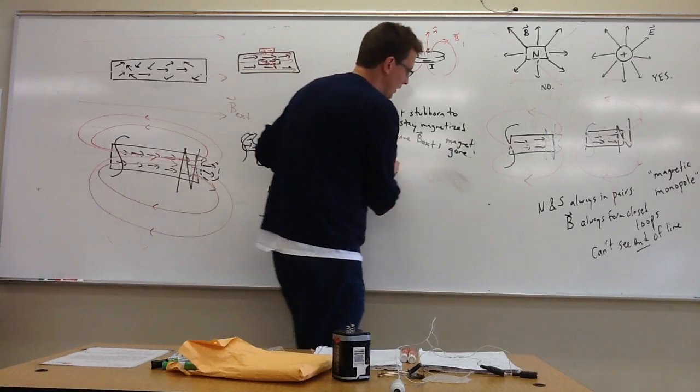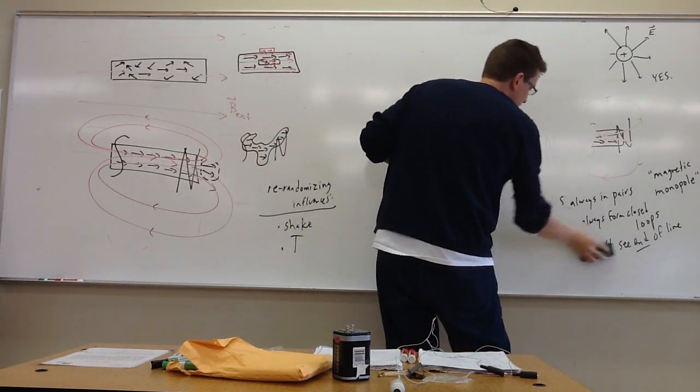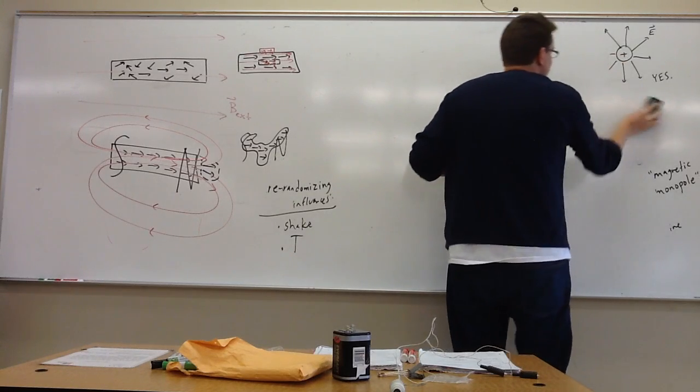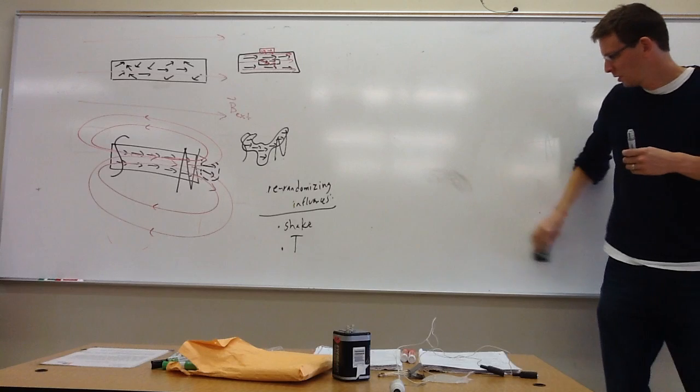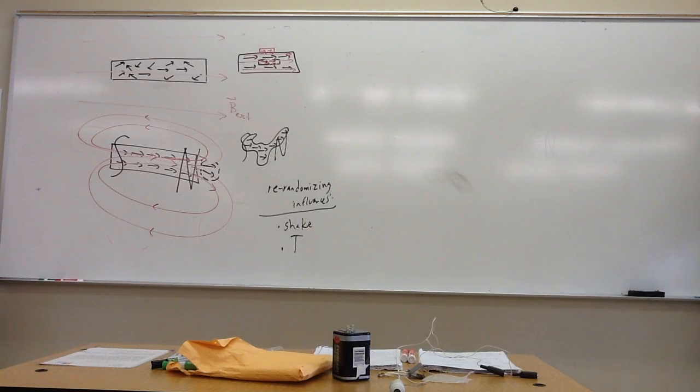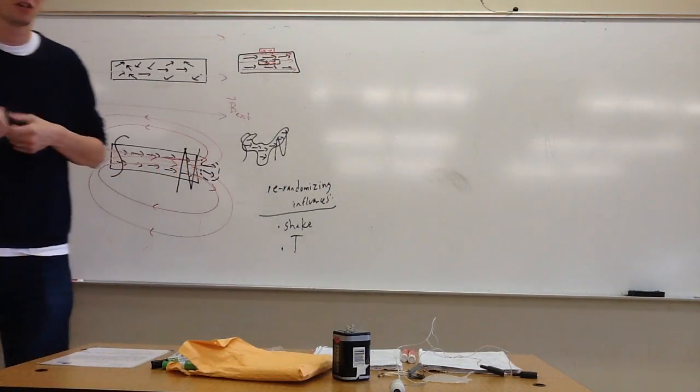Okay, so let's talk about attraction of magnetic poles and stuff like that. Now, before I even do this with magnets, let me do them with something that's more familiar from the last couple of lectures.